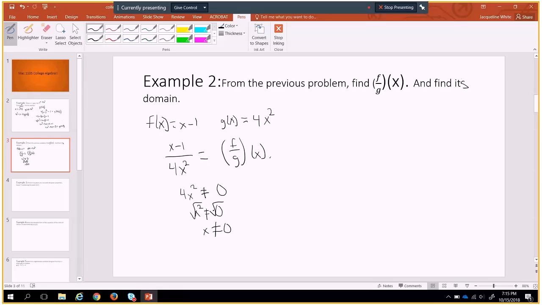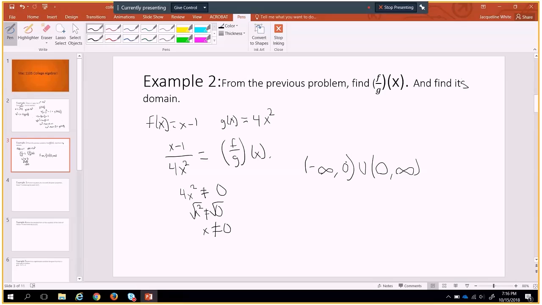To write that in interval notation, we could write it as from negative infinity to 0, not including 0, union 0 to infinity. Since we don't want 0 to be in our interval, this takes care of the fact that 0 is once again not in the interval.